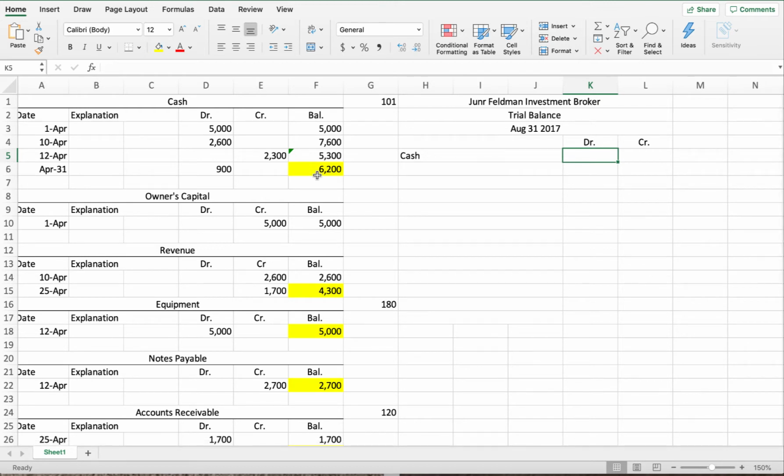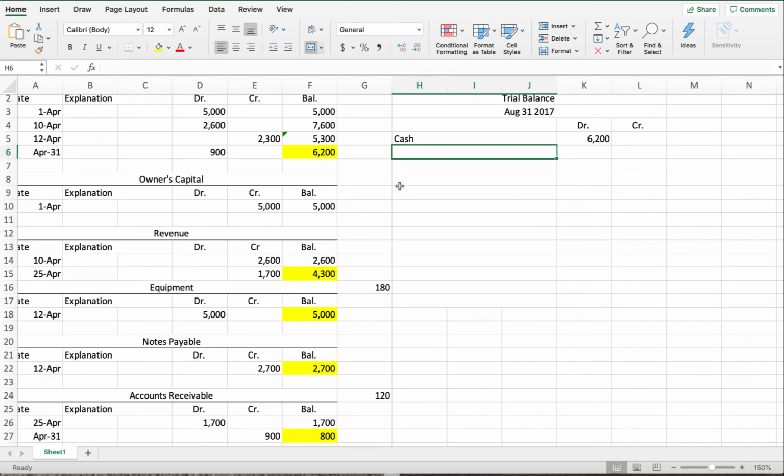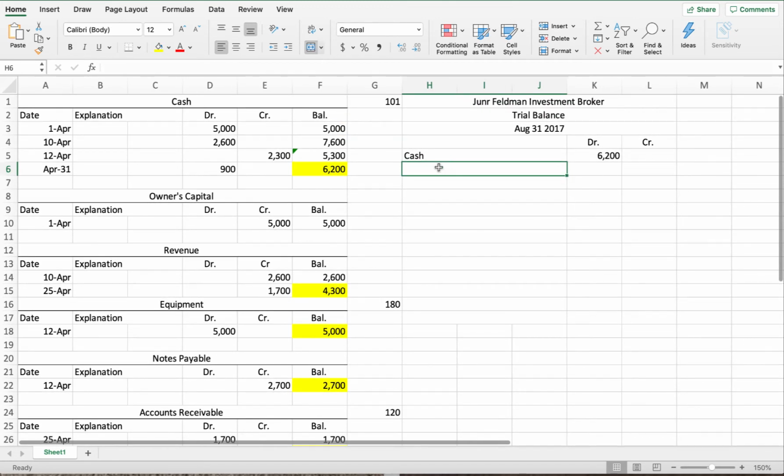Well, how do I know that I need to make that a debit? Well, because I know assets increase with the debit, decrease with the credit. Debit is the normal balance side for an asset. So I don't even need to type in the number. I can link it to this balance. And there we go. The next asset we have is accounts receivable.